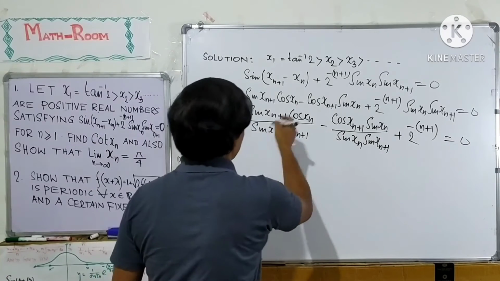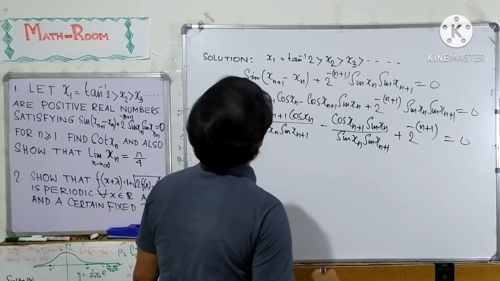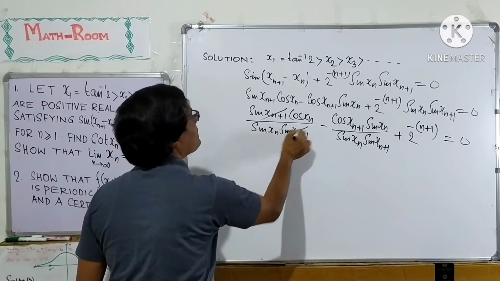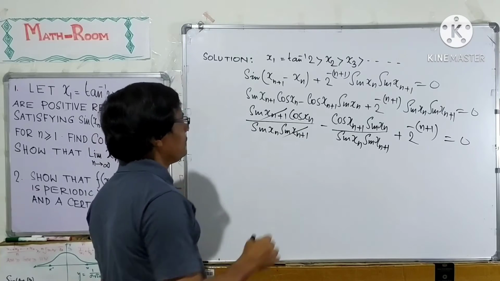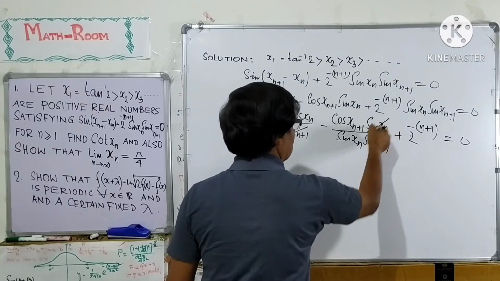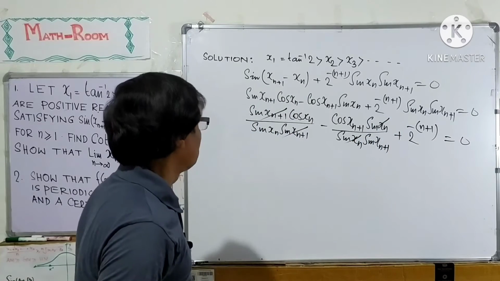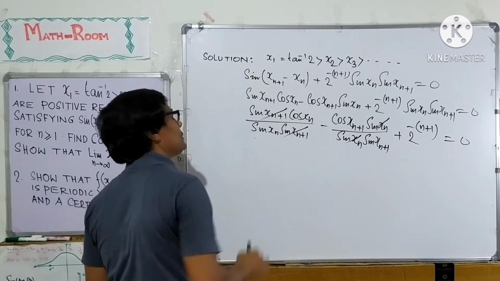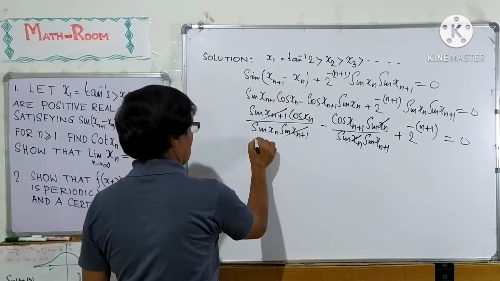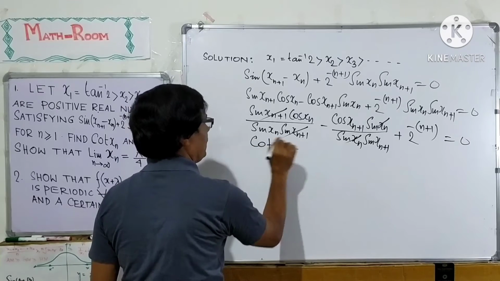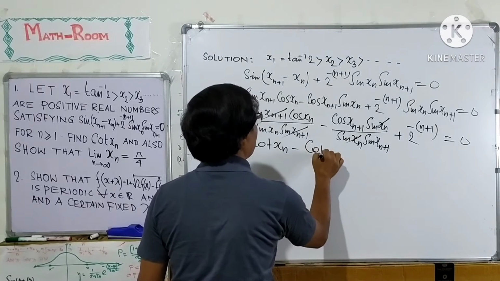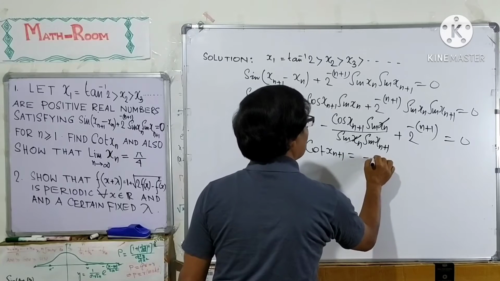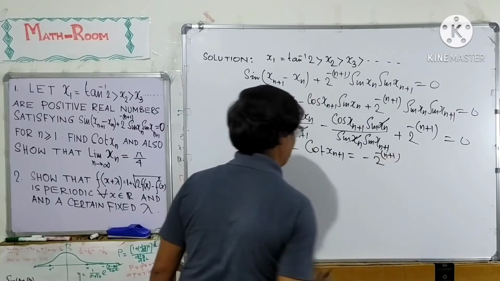And here sin x_{n+1} and sin x_{n+1} are cancelled out. Here also sin x_n and sin x_n are cancelled out. Now we get cos x_n over sin x_n, it is cot x_n, minus cot x_{n+1} equal to minus 2 to the power minus (n+1).